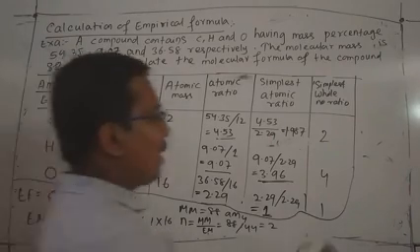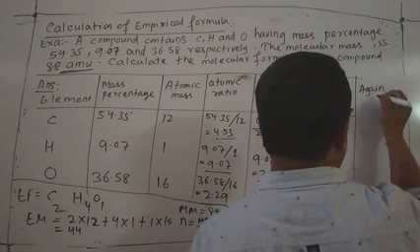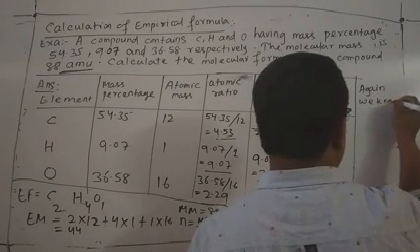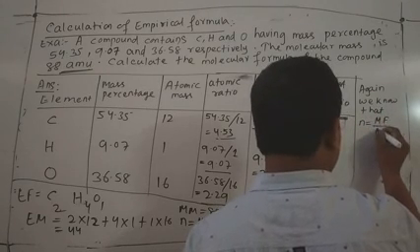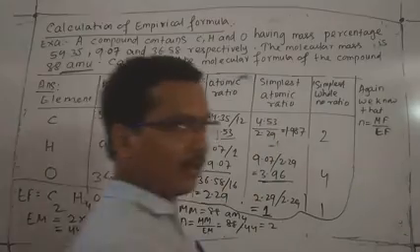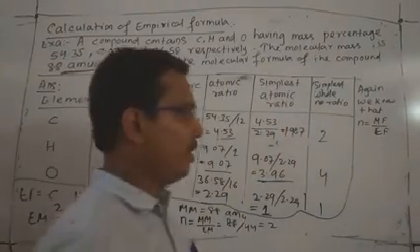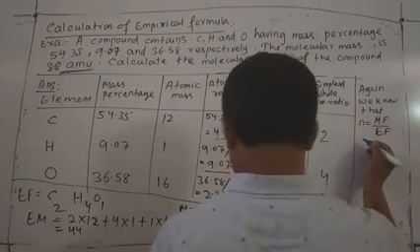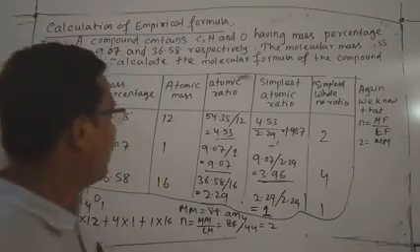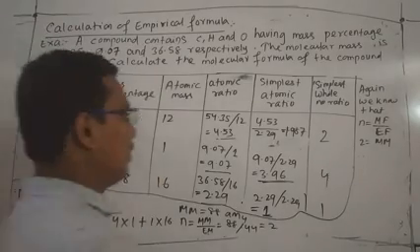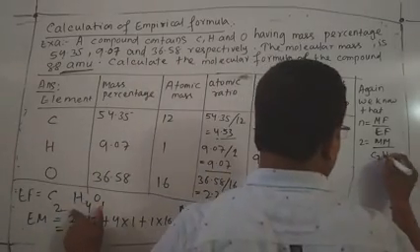We again know that what? n is equal to molecular formula by empirical formula. Yes or no? There are two formulas already studied. n is equal to molecular formula by empirical formula. Here n is given, find out what is molecular formula, that is our aim. Empirical formula is given, that is your C2H4O.